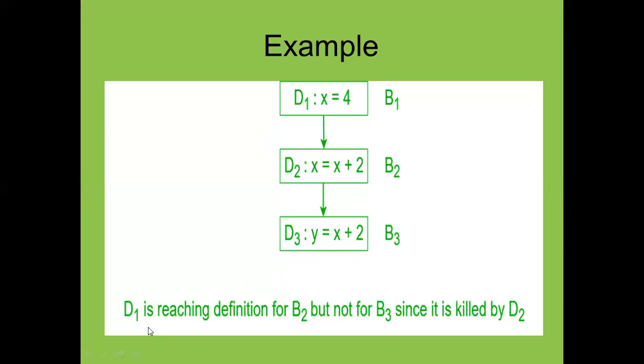So we can say D1 is reaching definition for B2, but not for B3, since it is killed by D2. Here you are defining a new variable, and you have not defined this variable Y before.